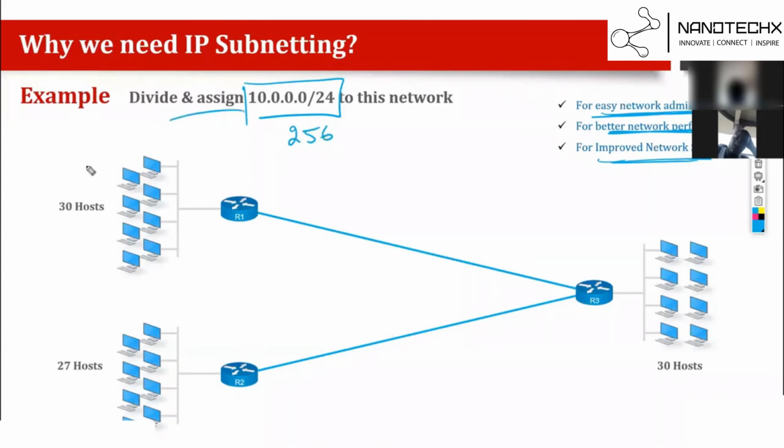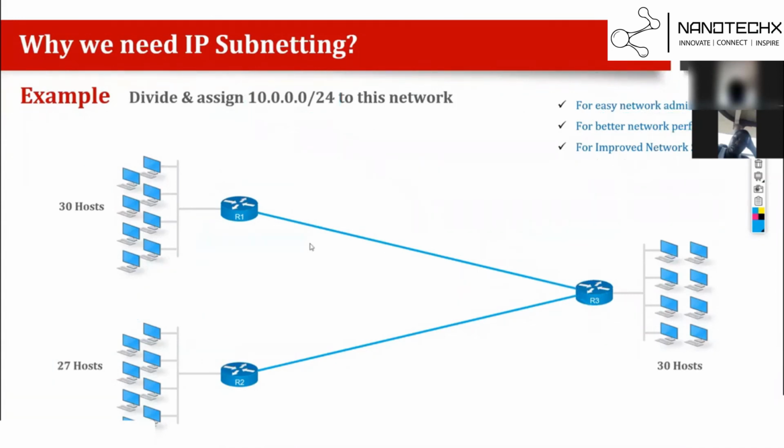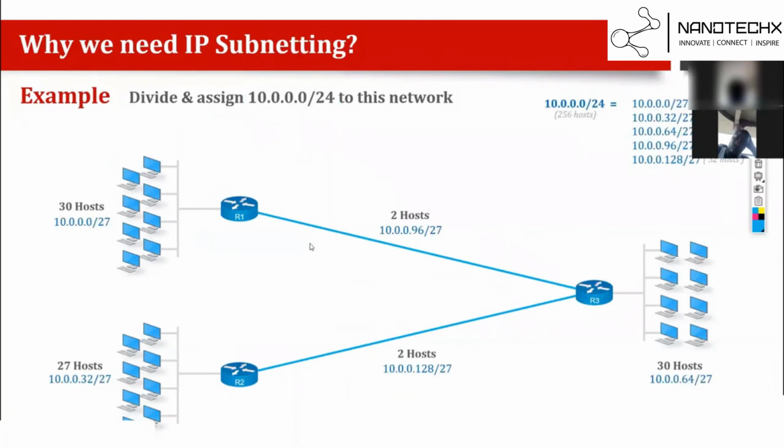So we will assign out of these 256, 30 here, 27 here, 30 here, but of course we will assign them either 32 or 64. We cannot assign 27. So in that case, 5 will be wasted, which is normal, right? After that, this is how we got 5 subnets and we assigned everything as well. We assigned all of them.